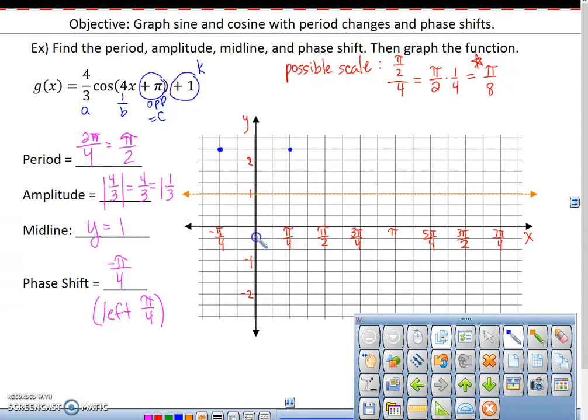That would be 1 1/3 units below the midline, and then halfway between each of those is a midline point. Then we can finish everything up. Each of these key points is actually only 1 square away from the other. So we have a point there on the left, and then midline, minimum, midline, maximum, and so on to finish up the key points to the right.